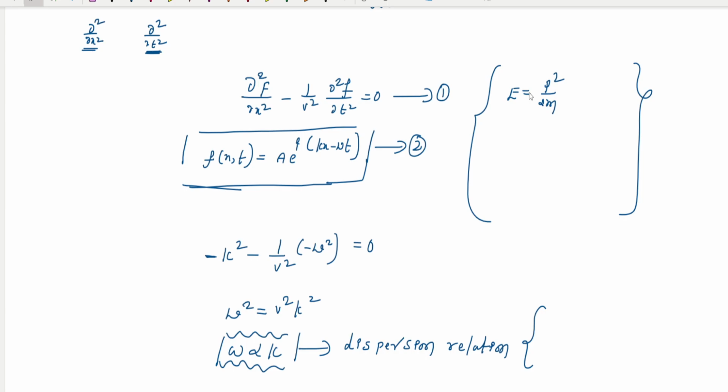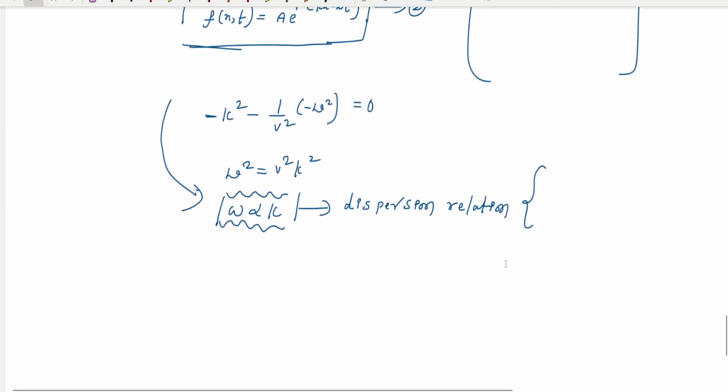Then I can get the dispersion relation. In case this plane wave is the correct description of free particles, it must satisfy this equation, right? Then I can get this: omega is proportional to k square.